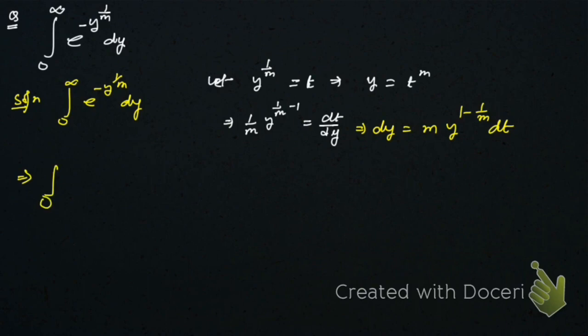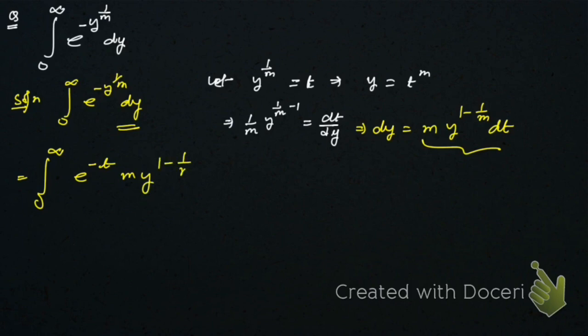So 0 to infinity, so we should not write implies here. Then e to the power minus y to the power 1 by m is going to be e to the power minus t. Then dy will be replaced by this value. So then we have got m y to the power 1 minus 1 by m dt, and this y will be replaced again by t to the power m.